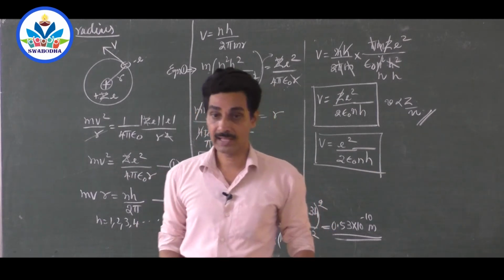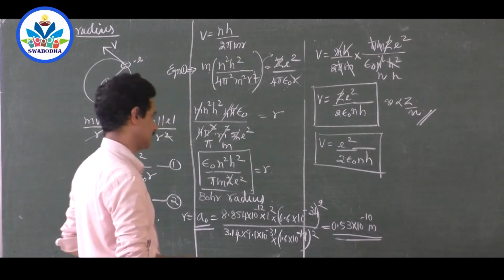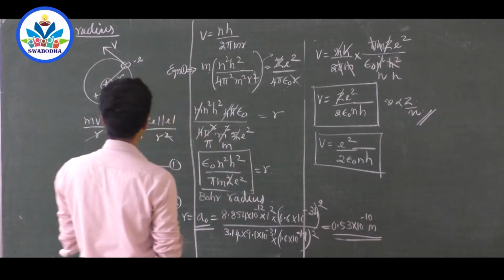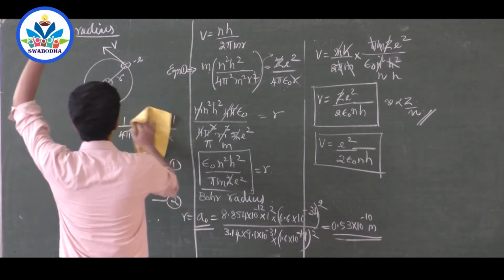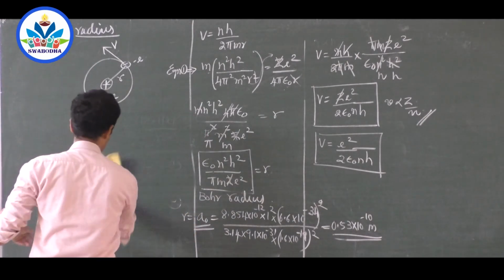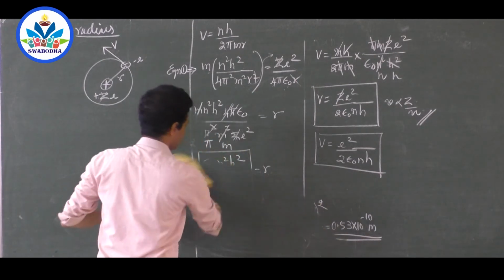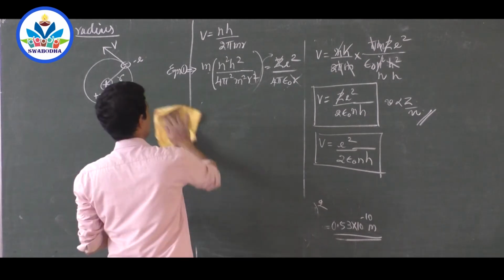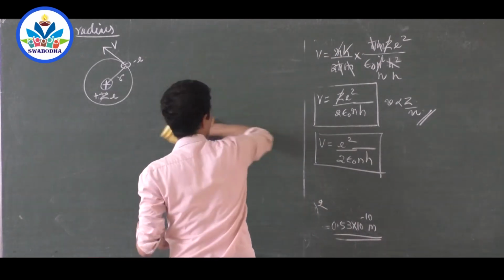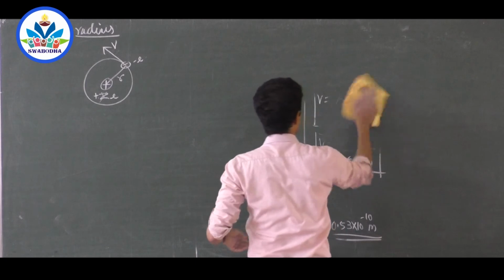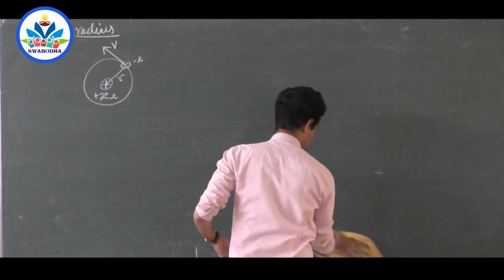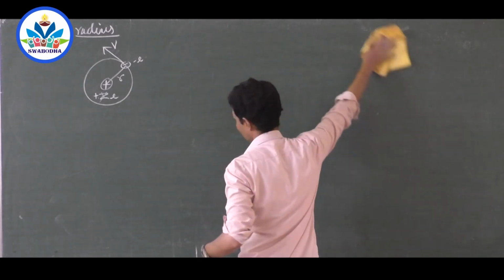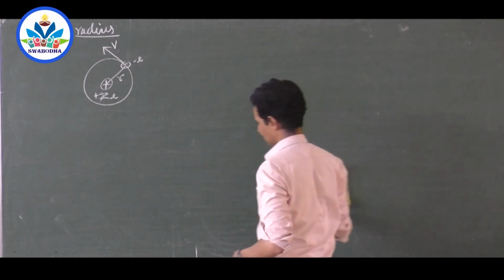Now we will go for energy of the electron. That is very important. So shall we move on to the next derivation now? Radius over, velocity over. Now energy of the electron. Now when the electron revolves around the nucleus, if you take a stone and rotate it in a circular path, that rotating stone will definitely be moving, so it will have kinetic energy.